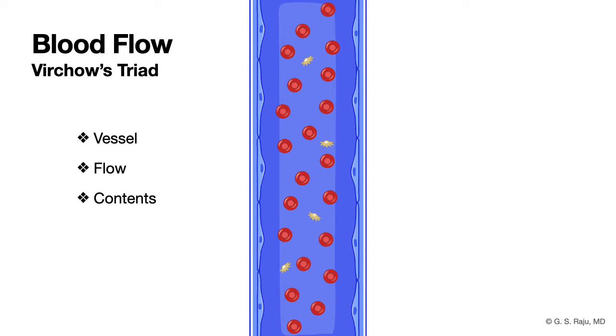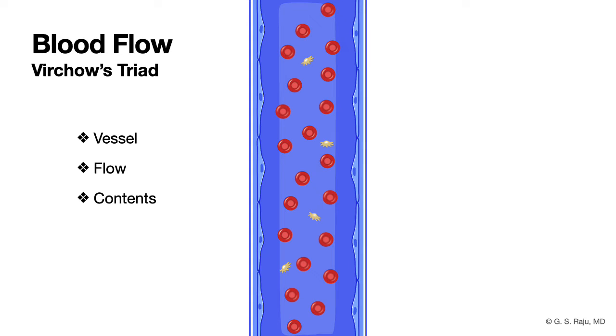And when there is a change in any one of these parameters, either in the vessel, or in the flow characteristics, or the contents of the blood, the cells or the protein constitution of the blood, it can result in a clot.